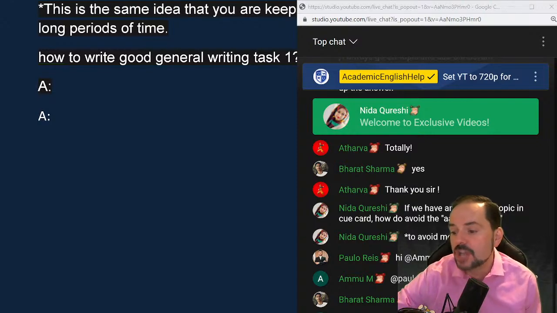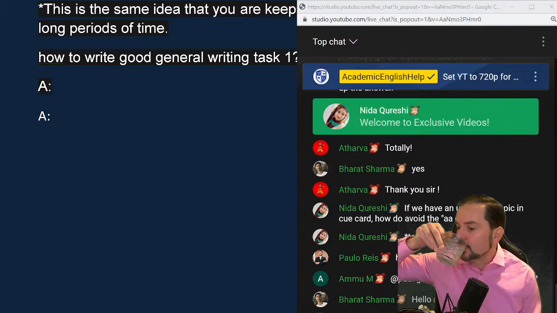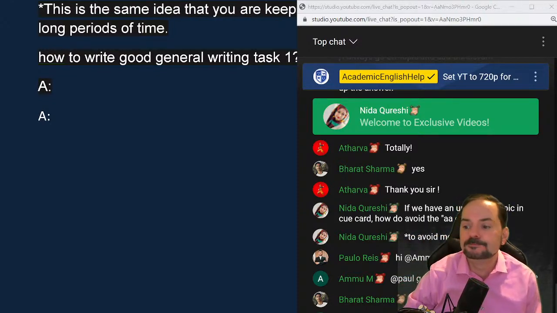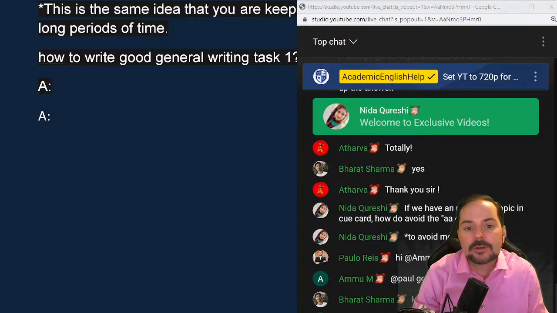So task 1 general, what is that? Anybody? No? All right, well, I'll spoil it for you. So how to write good general writing task 1?